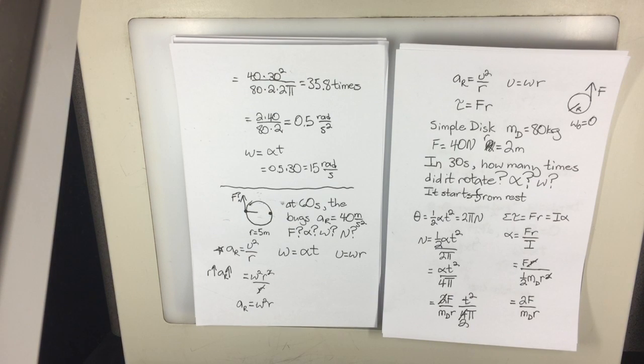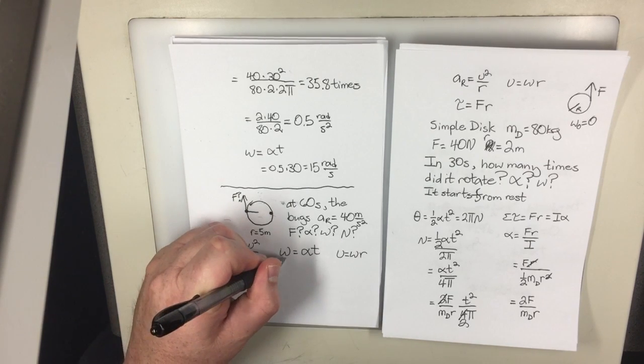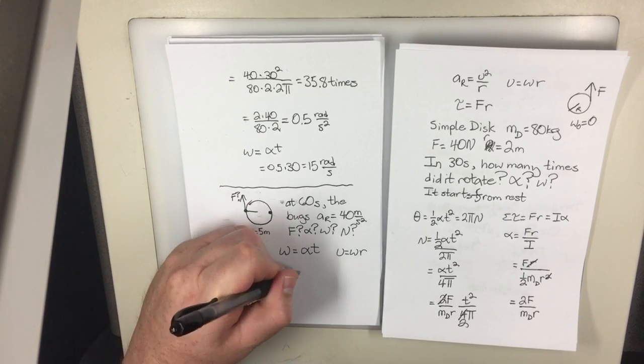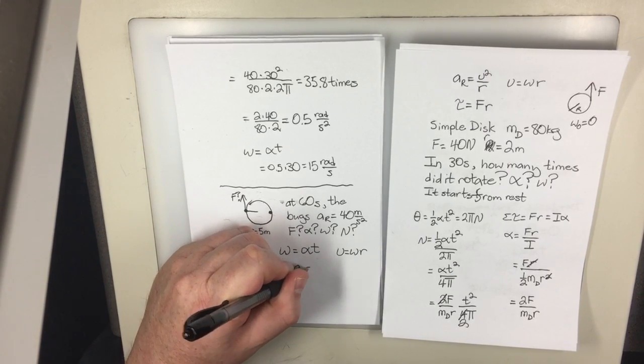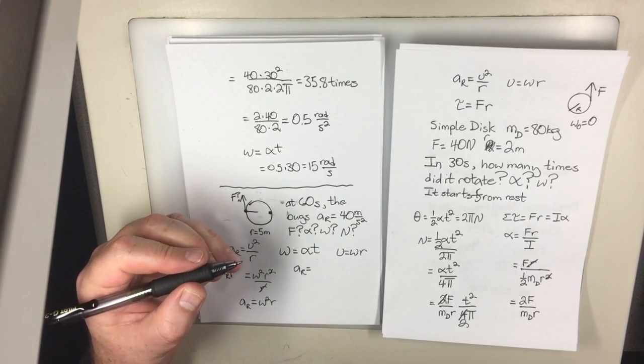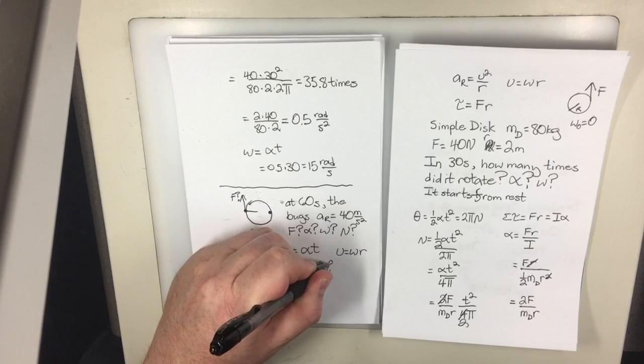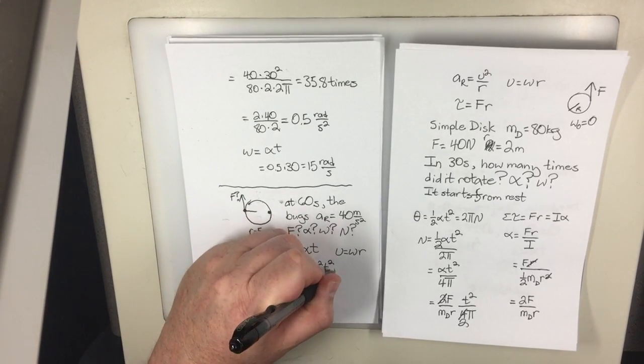So we know radial acceleration, that was given. We know that V is omega R, so A_R is omega squared R, and that omega is equal to alpha t. So radial acceleration is equal to alpha squared t squared r.